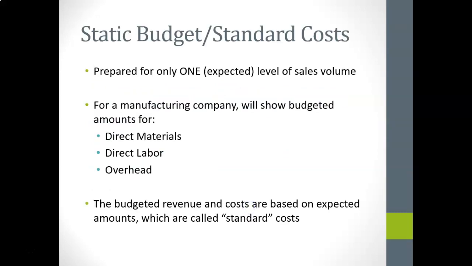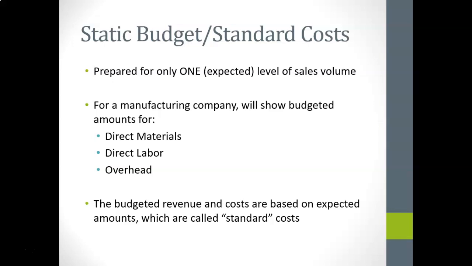Now, a static budget, which we'll be doing in our next module, where we'll be looking at budgets and how to prepare budgets. The static or master budget is prepared for only one expected level of sales volume. So for a manufacturing company, we're going to show budgeted amounts in that budget for direct materials.